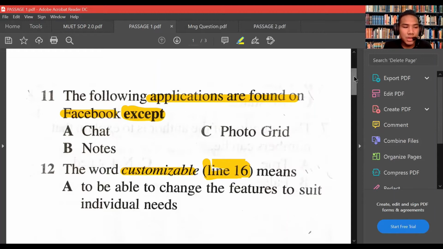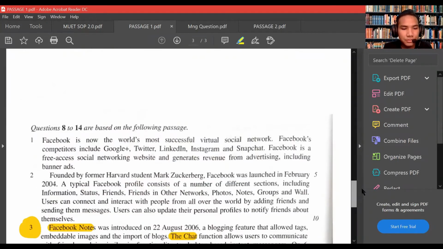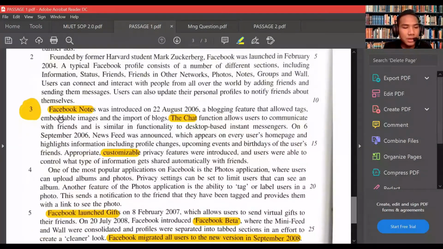Next, we need to skim through the passage to determine the paragraph related to the keywords. As you skim through, you can notice that in paragraph 3, the keywords mentioned in the statement are there.